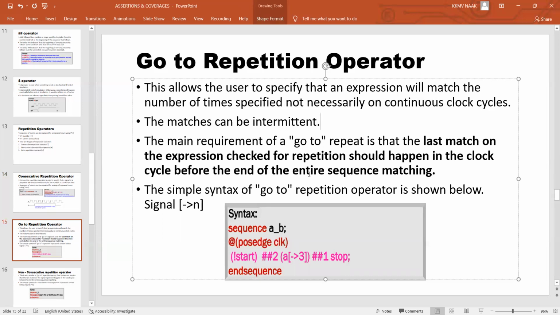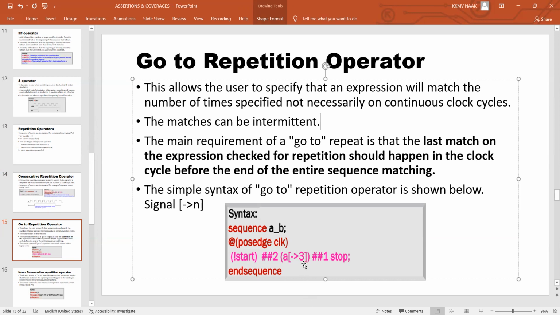But the main requirement is that the last match of the expression checked for repetition should happen in the clock cycle before the end of the entire sequence matching. What this means is that by using the go-to repetition operator, A should be high 3 times. It should not be continuous. Anywhere in your entire simulation, A should be high only 3 times.